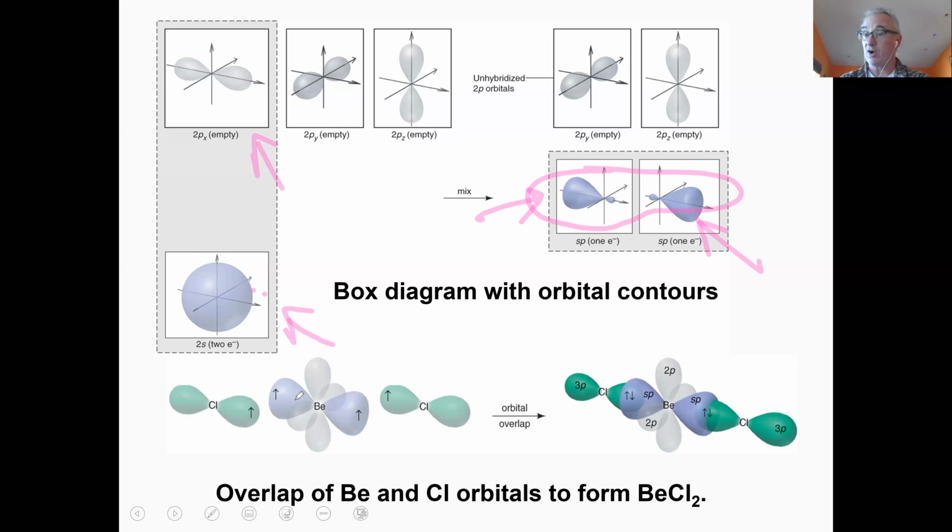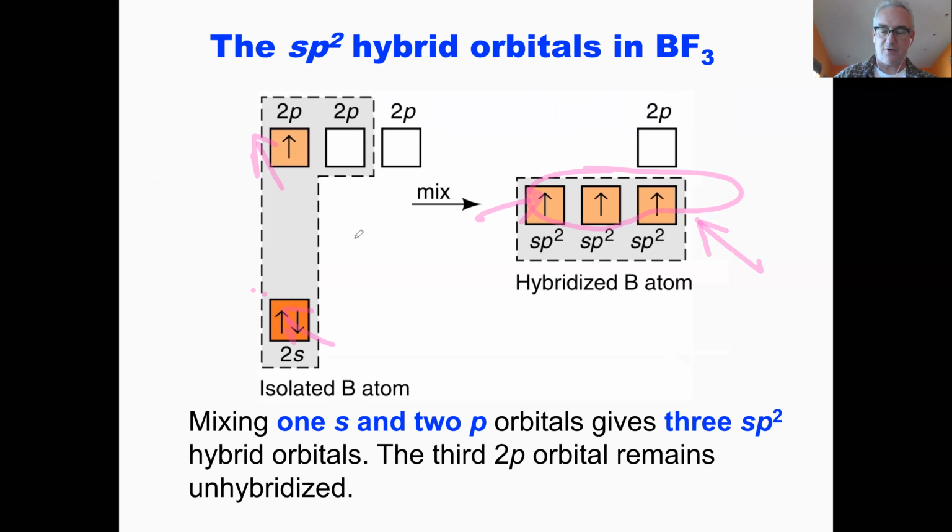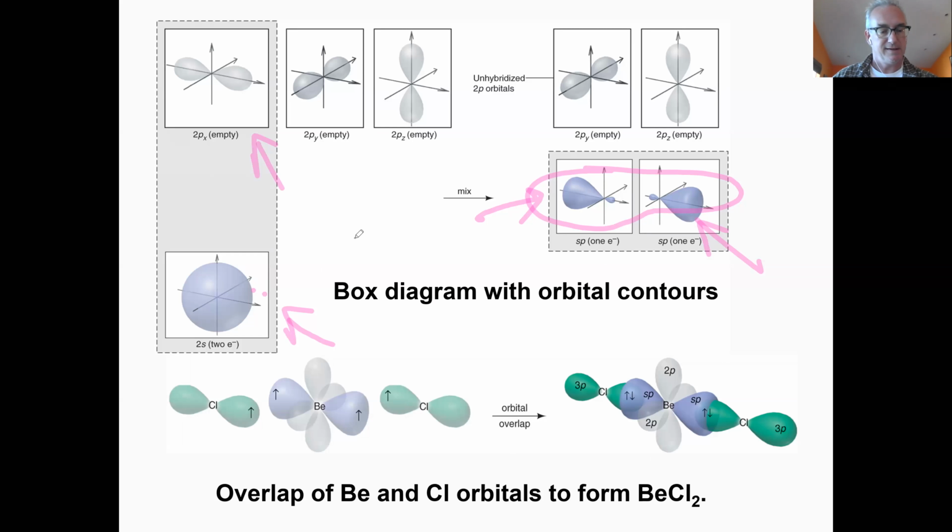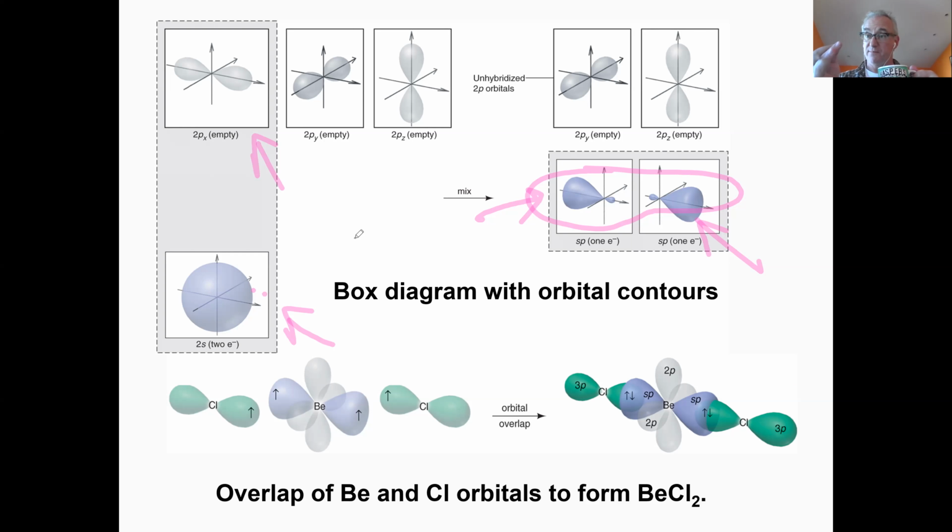So I've got my chlorine coming in, and if you remember, chlorine has how many valence electrons? Seven. It has 7 of them. And so the 7 electrons are in S and P, but the single electron for bonding is in a p orbital, if you remember.